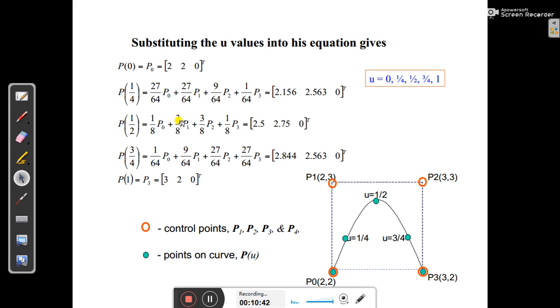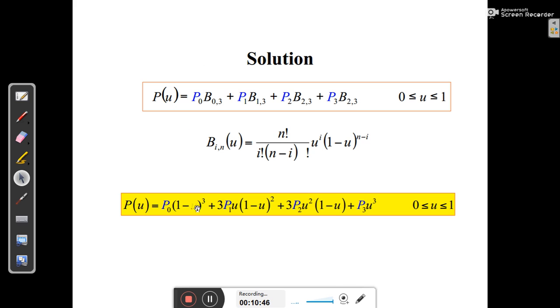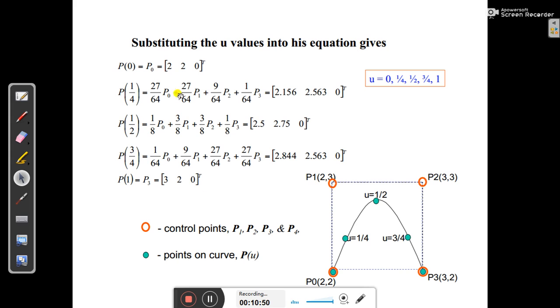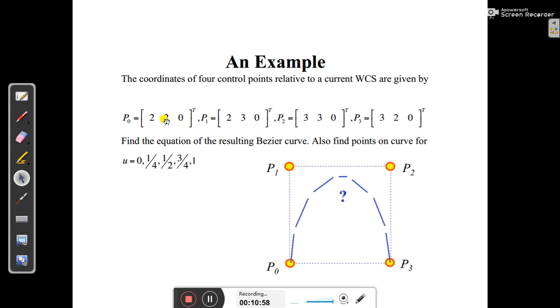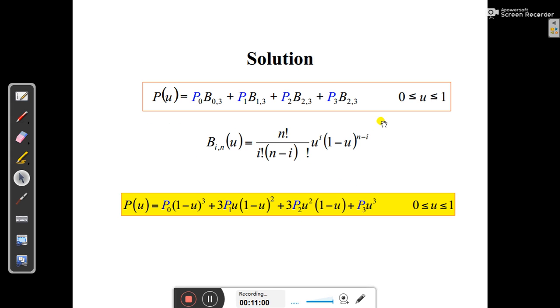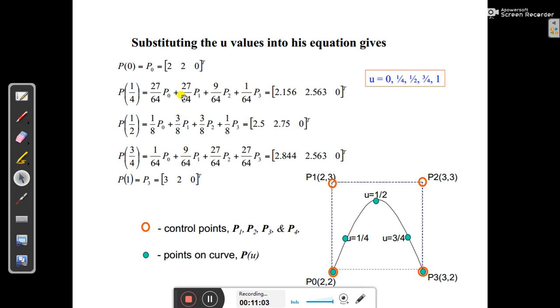If you put 1 by 4 in this equation, then you will get this equation, and you can put the values of P0, that is this one, and this one in here, and by summing the matrices you can get this.